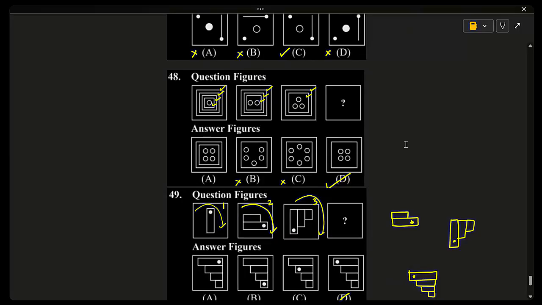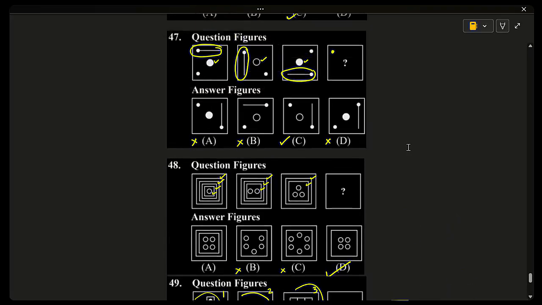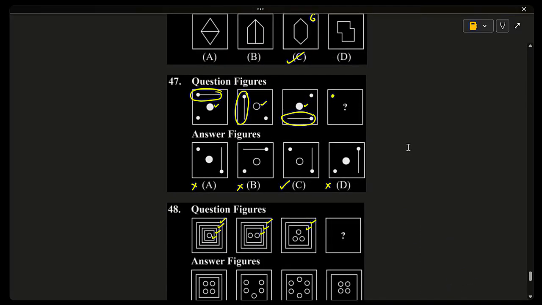Sharad, what is your doubt? Sir, in 47th. Every small figure you can see. Let me erase everything for you here. I'm explaining again. See, where is this position of the dot?